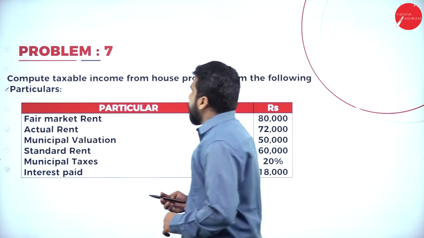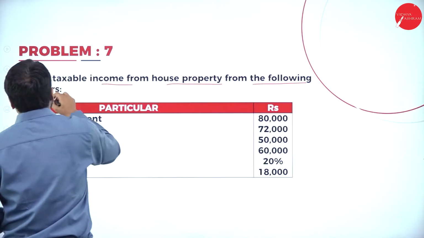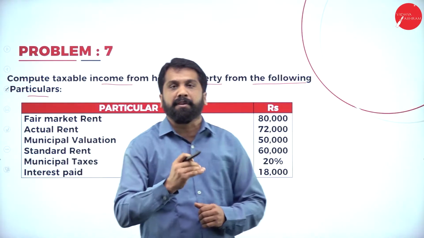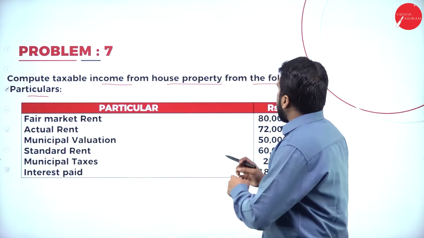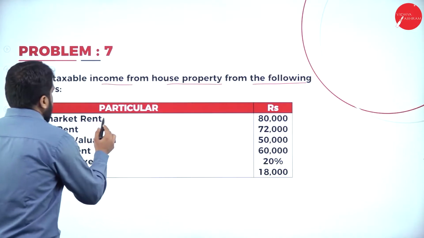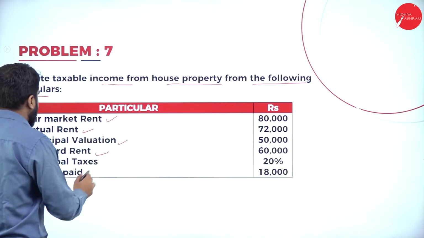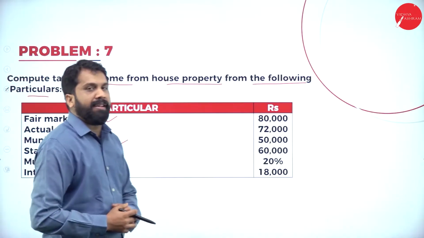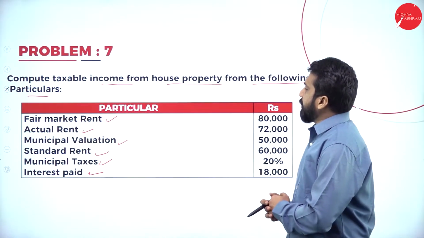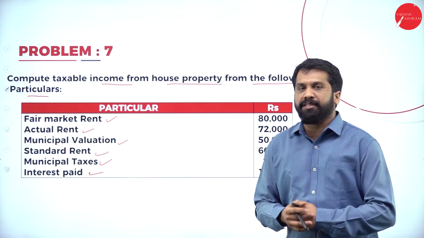Compute taxable income from house property from the following particulars. You are supposed to calculate the taxable income from the following information. Now, particulars as well as rupees. In the problem they have given fair market rent, actual rent, municipal valuation, standard rent, municipal taxes, and finally interest paid.